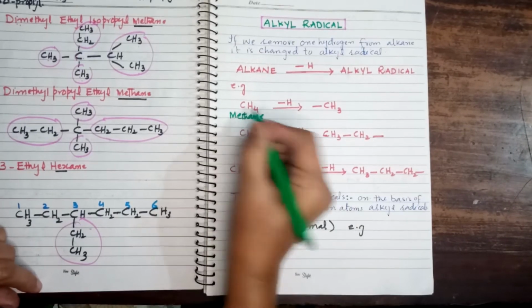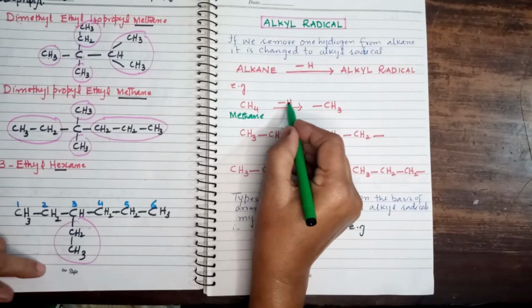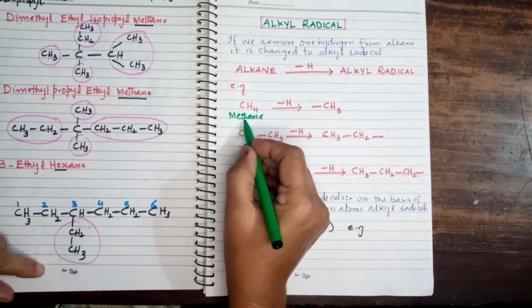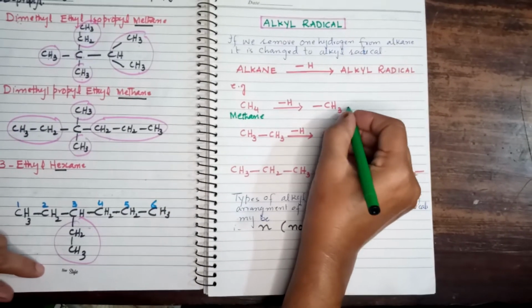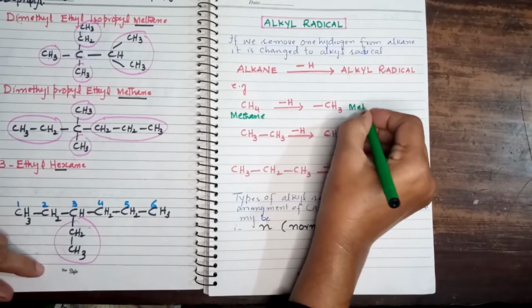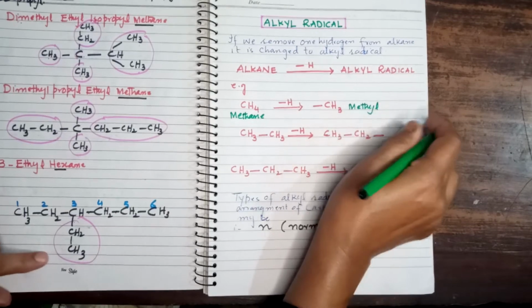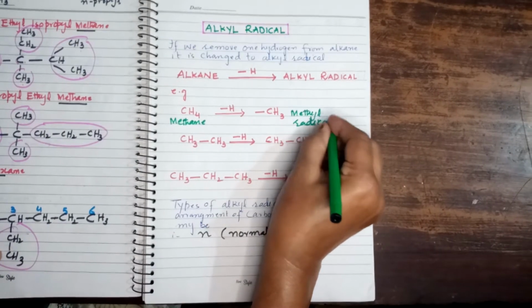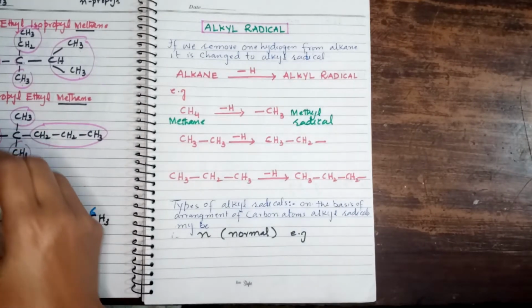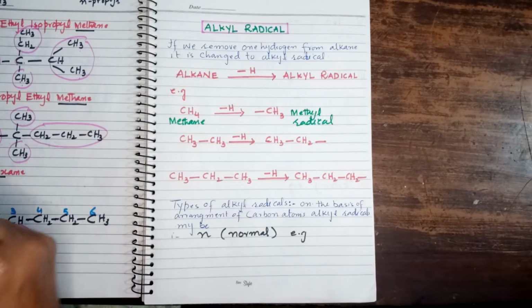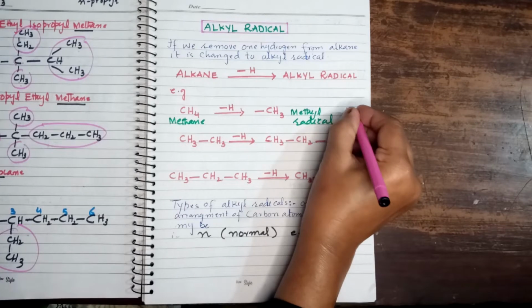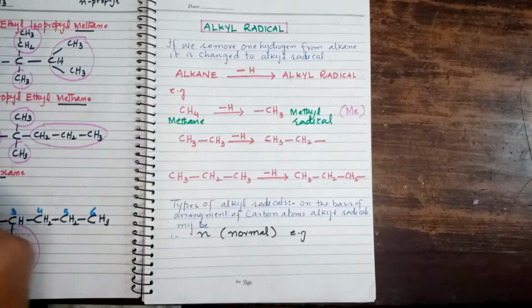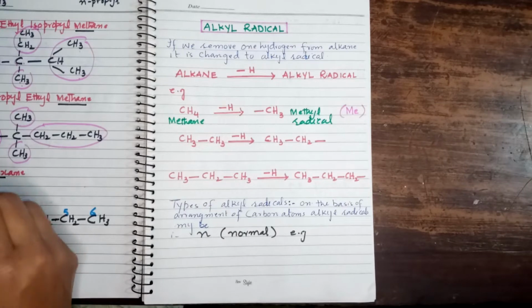After the loss of one hydrogen, one valency of carbon becomes vacant, and methane changes to methyl radical. In short form, methyl radical is represented as Me. It is the abbreviation for methyl radical.